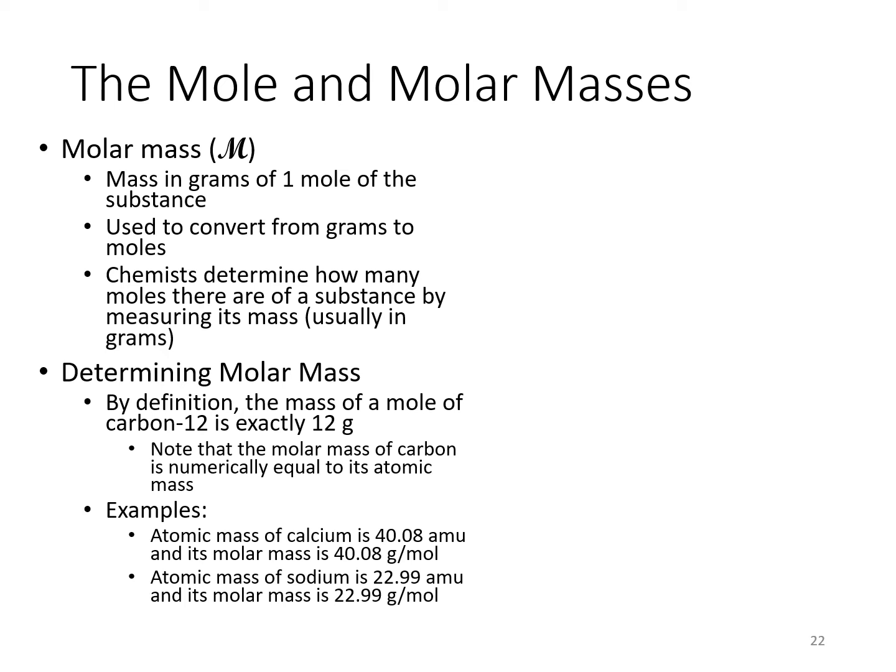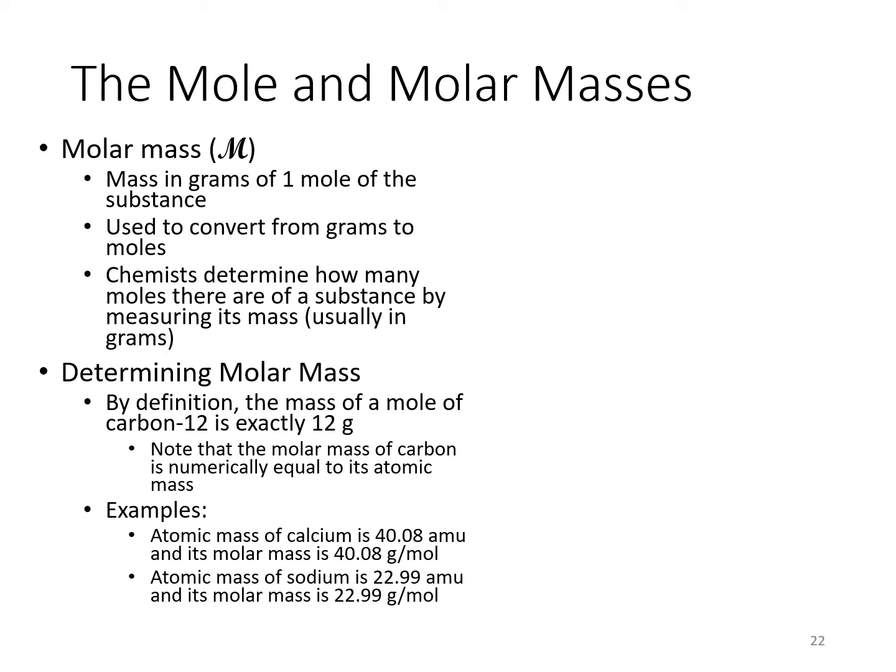So the molar mass of carbon is numerically equal to its atomic mass. So that is true. Atomic mass was written in atomic mass units, AMU, but its molar mass is going to now be this new unit, though it's equivalent in value, grams per mole.